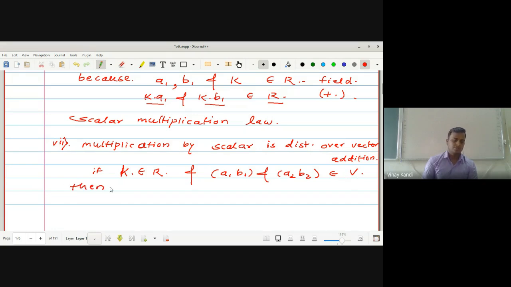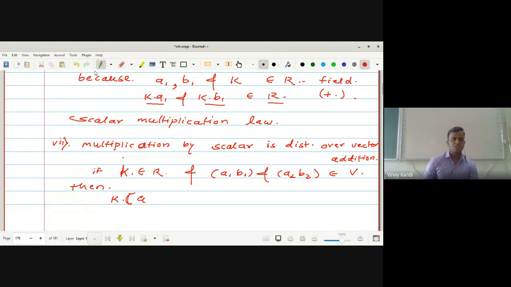Then what do we have to show? As you saw earlier, k(u + v) should be equal to ku + kv. Here u and v are ordered tuples.